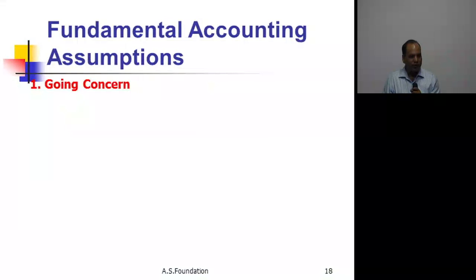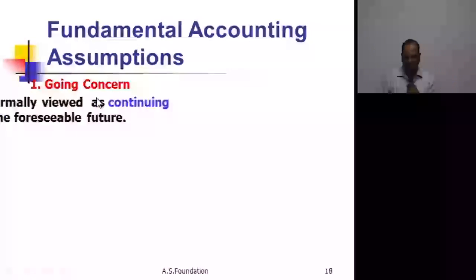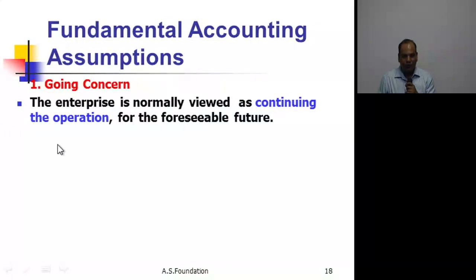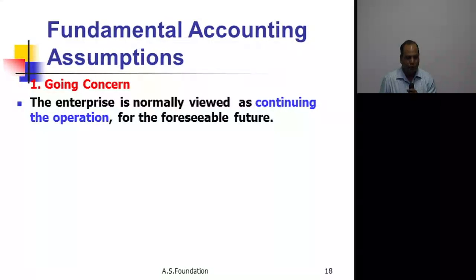So what are these three fundamental accounting assumptions as per Accounting Standard 1? One is called going concern, second is consistency, and third is accrual. Going concern means it is assumed by the user of the financial statement that the company is going to continue its operations for the foreseeable future.